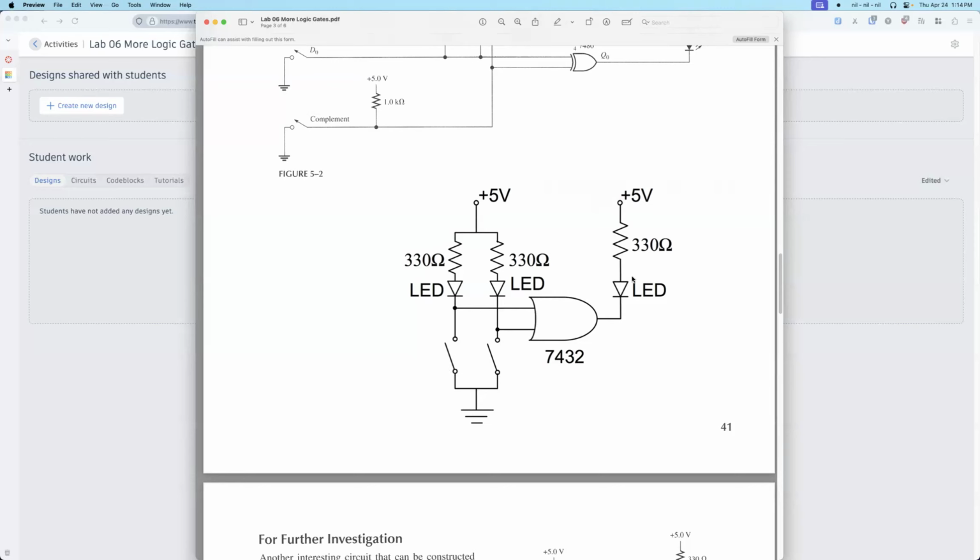Then for the output, LED, resistor, then power. This means if the output is 0, then the LED will be on. Just remember.